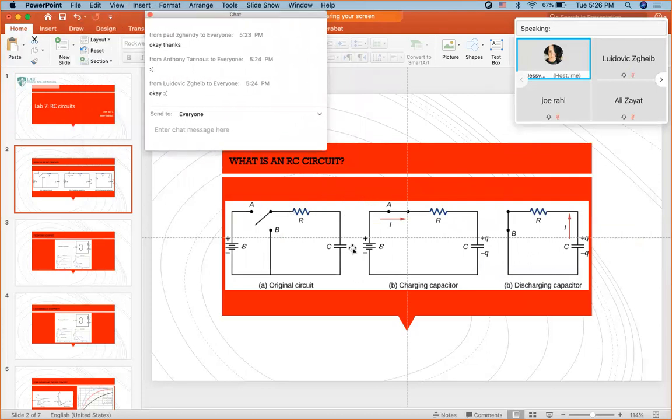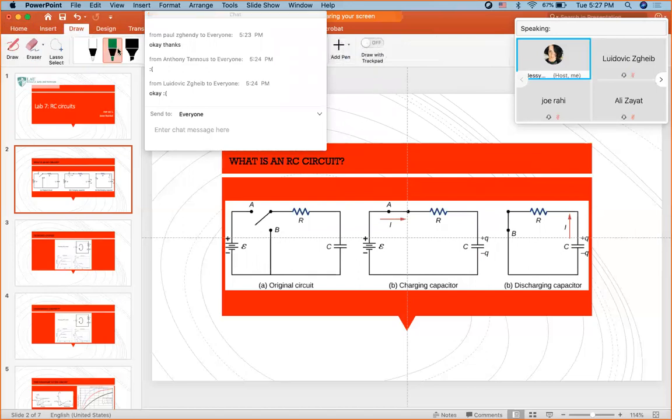You have this circuit and you have the switch that can be on A or B. What happens if you turn the switch to A? The capacitor will start to charge? Yeah, so basically I forgot to give you a briefing.